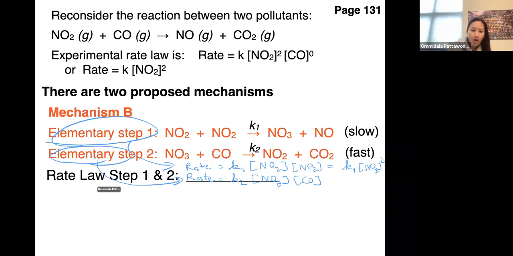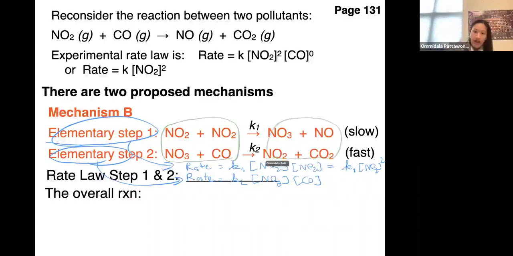All right, so the overall reaction. The next thing is you need to combine these. The overall reaction is when you combine the reactants together and also combine the products together. Any species that appears on both sides of the arrow, you cancel out.